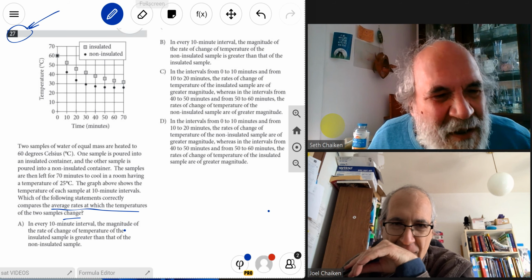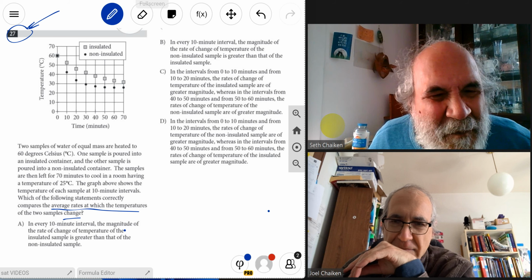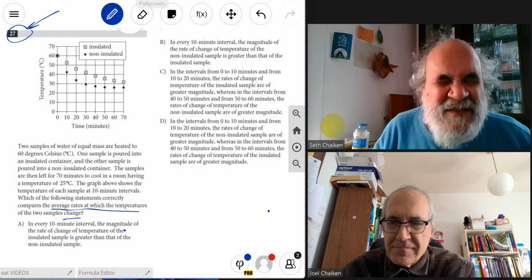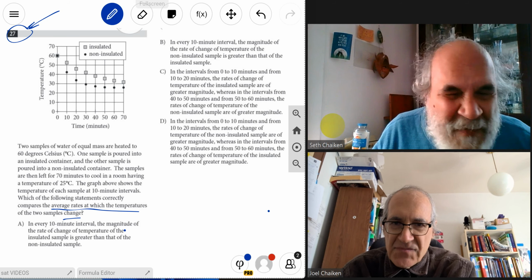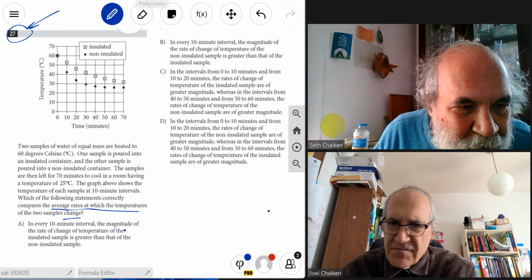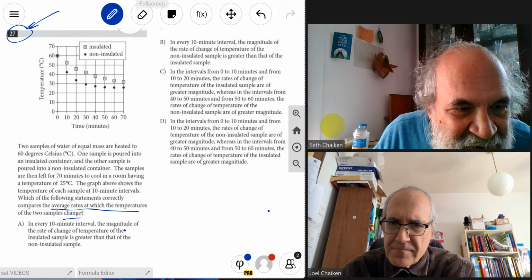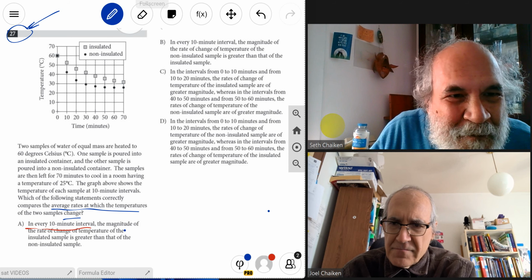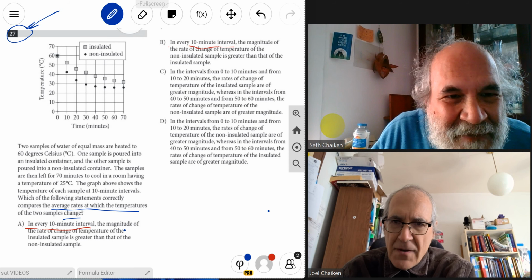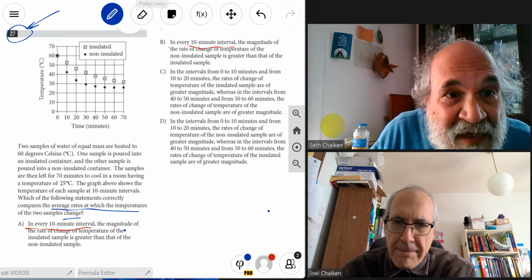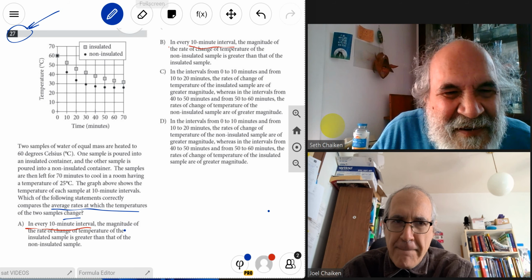Okay. Well, notice that each of the choices starts the same way: in every 10-minute interval. And then it's slightly different.